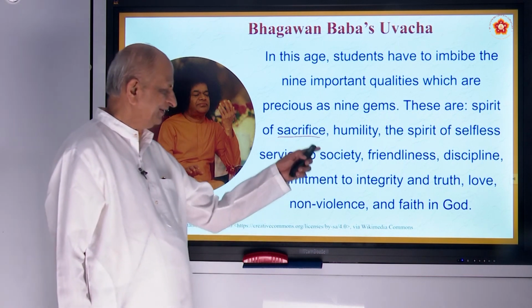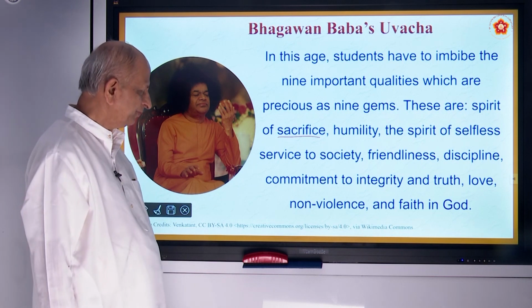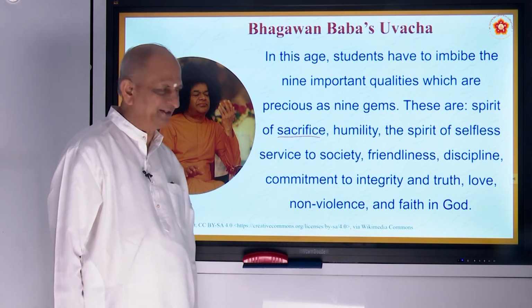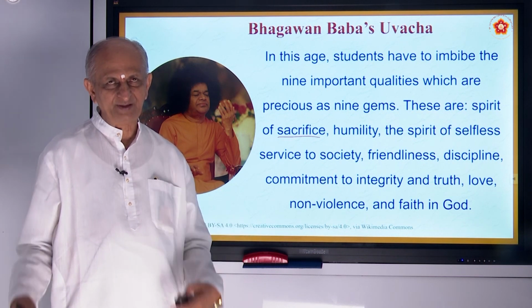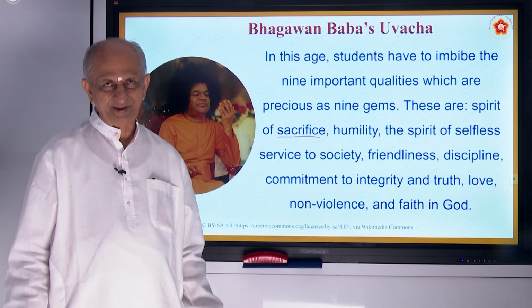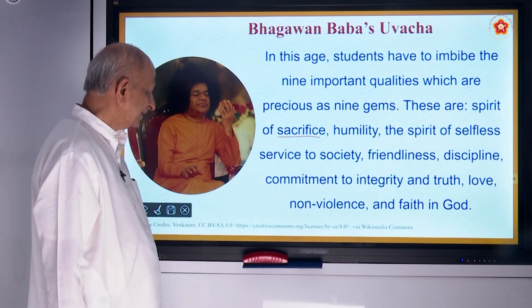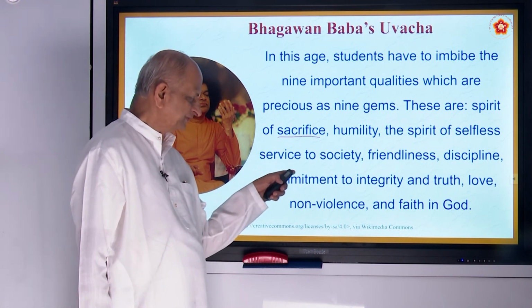Then humility, vidya dadati vinayam. So humility is very important. Spirit of selfless service to society. Wherever there is opportunity, for example in car festivals, there will be opportunity for Seva, giving water, giving buttermilk, guiding people. So anywhere, spirit of selfless service.